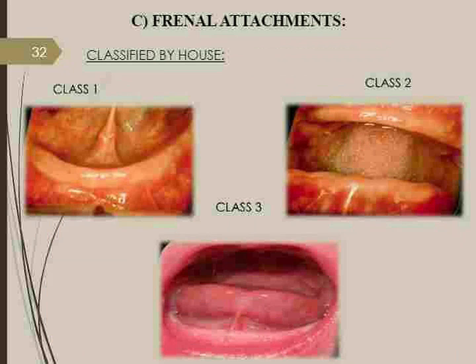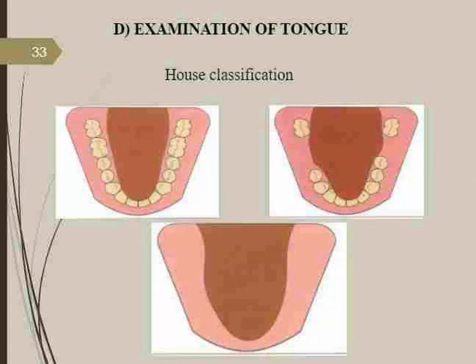Coming on to frenal attachments, we have class 1, class 2, class 3. If there is a high frenal attachment or an attachment of the frenum near the crest of the ridge, you need to be doing a pre-prosthetic procedure and get the frenectomy done before you fabricate the prosthesis. Examination of the tongue, we have the position of the tongue, the size of the tongue.